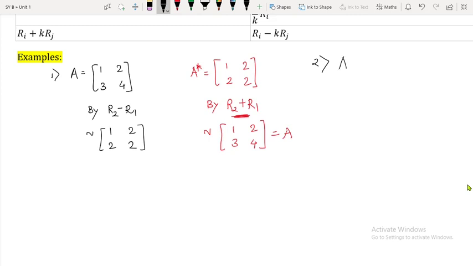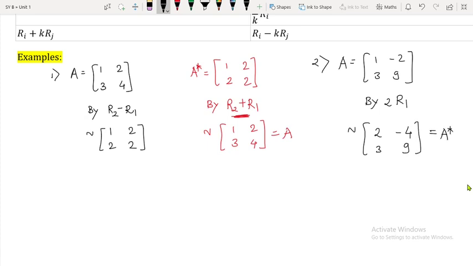Let us say A is equal to 1 minus 2 3 9, and suppose I perform 2 times R1. Then what you are going to get is 2, minus 4, 3, 9. This is my A star. Now on this matrix, which operation should we perform so that we will get A back?